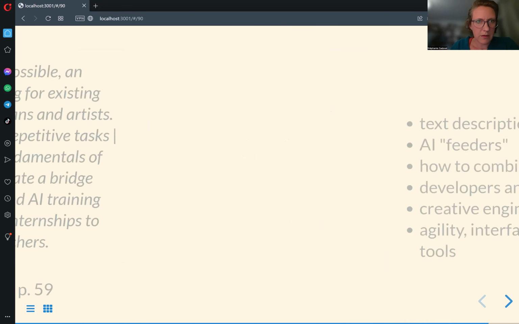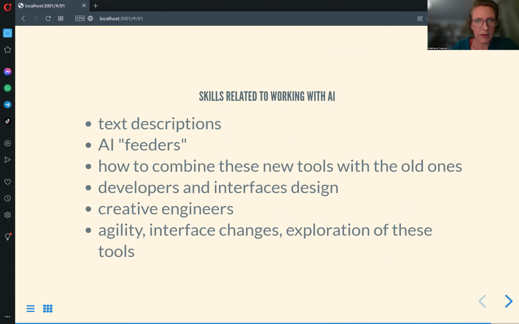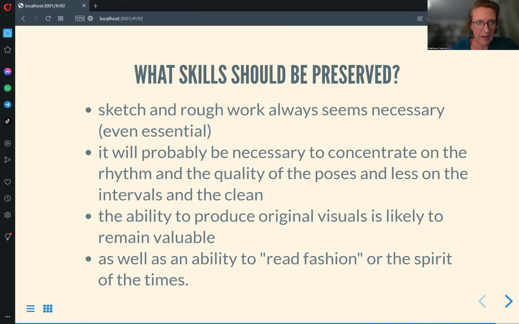So sketch and rough work seem to be still necessary. We will probably need to concentrate on the rhythm and the quality of the poses and less on the interval and the clean.